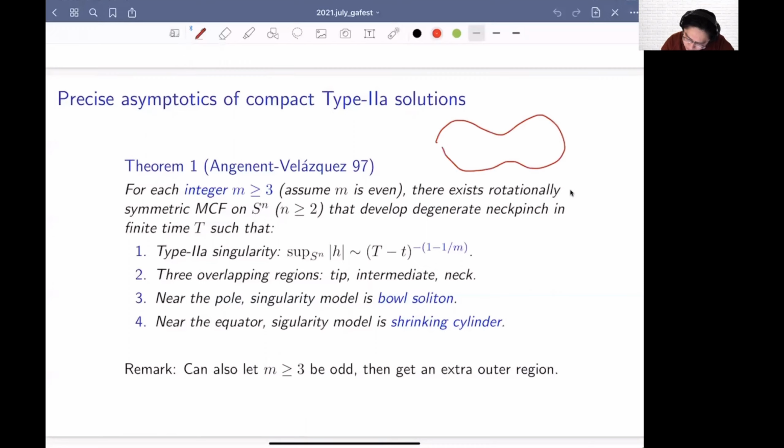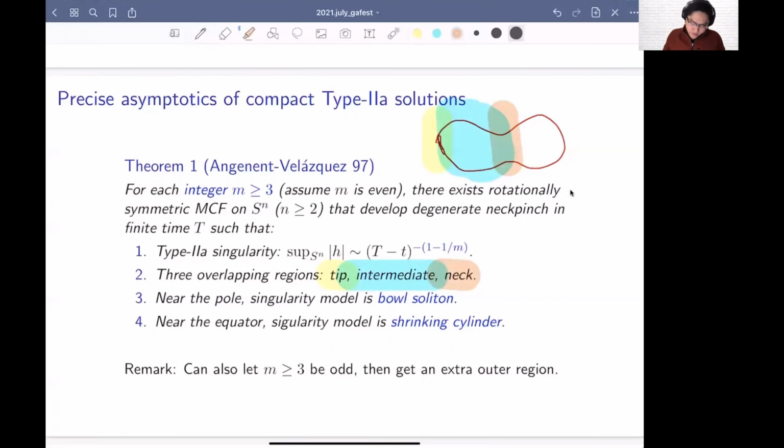Looks like a peanut. And it comes in 3 regions: tip, intermediate, and neck. And it's reflection symmetric, so I'm not drawing the other side.